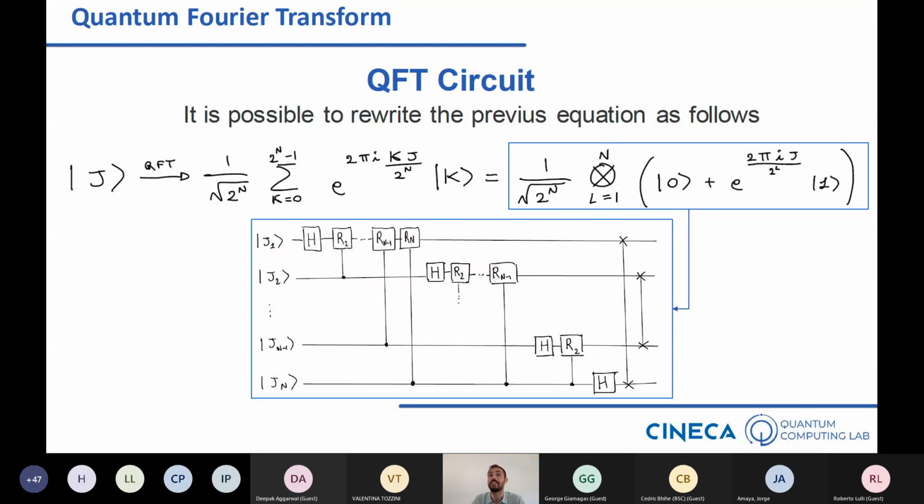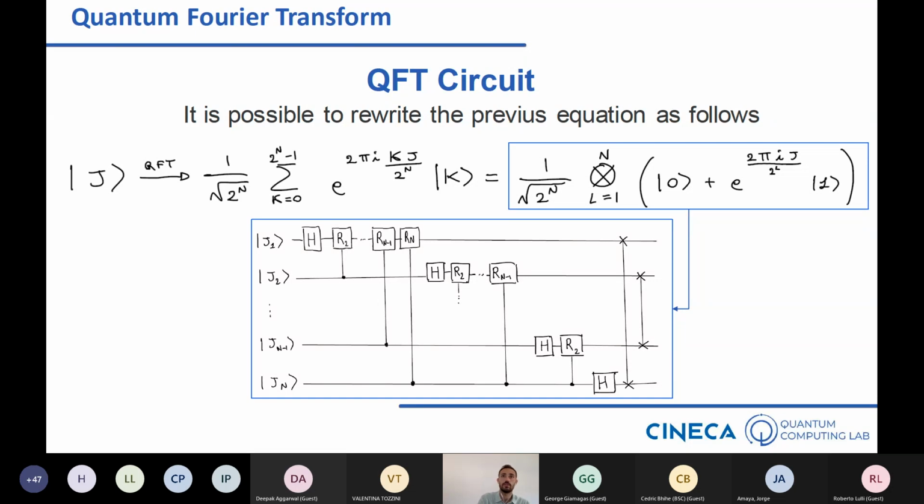There are other circuits that use the quantum Fourier transform as a subroutine, and they use it to achieve a speedup with respect to the classical case. Basically, it's useful because it creates a superposition, like we have seen for the H gate.